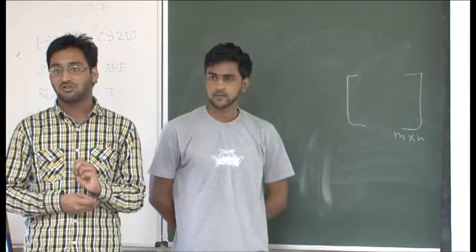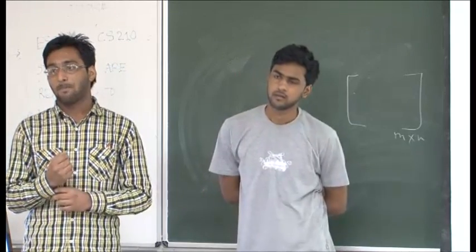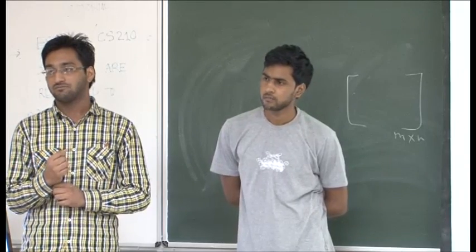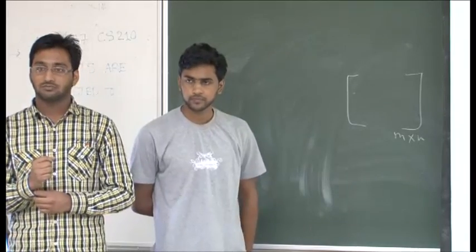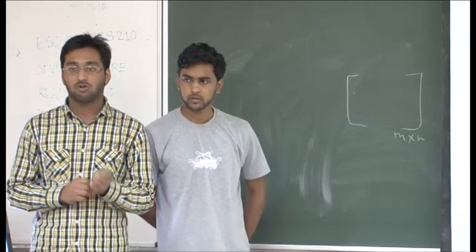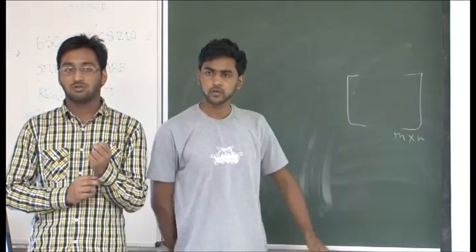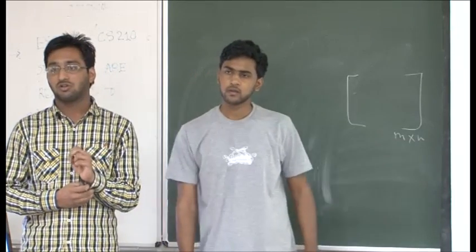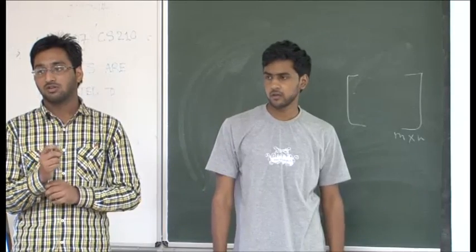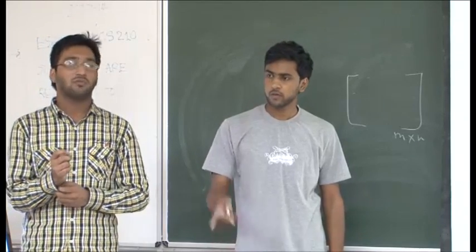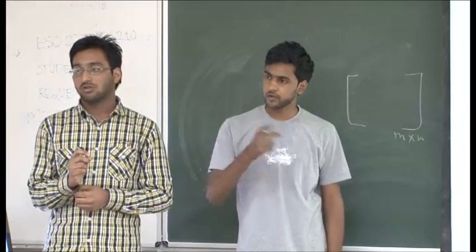No. If you take the XOR operation, he's taking the XOR operation, right? You got the Hamming distance. Yes sir. So we are applying XOR on only the 6 bits that we calculated from the image.